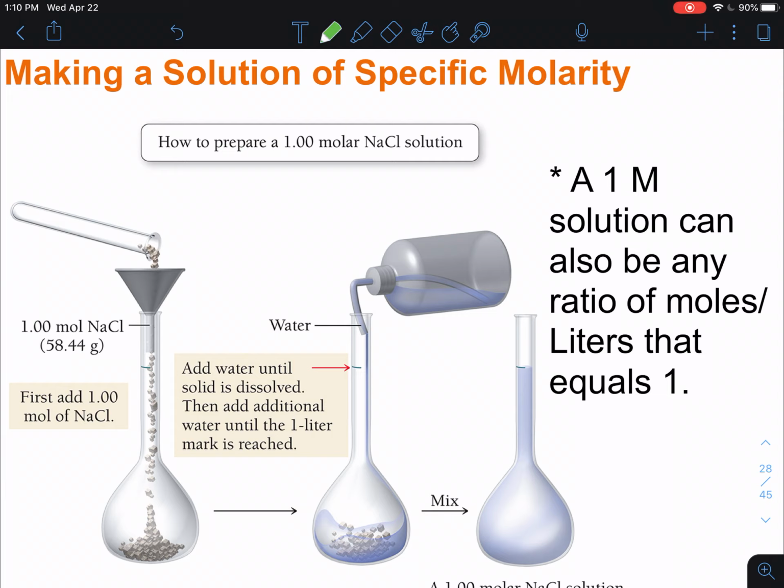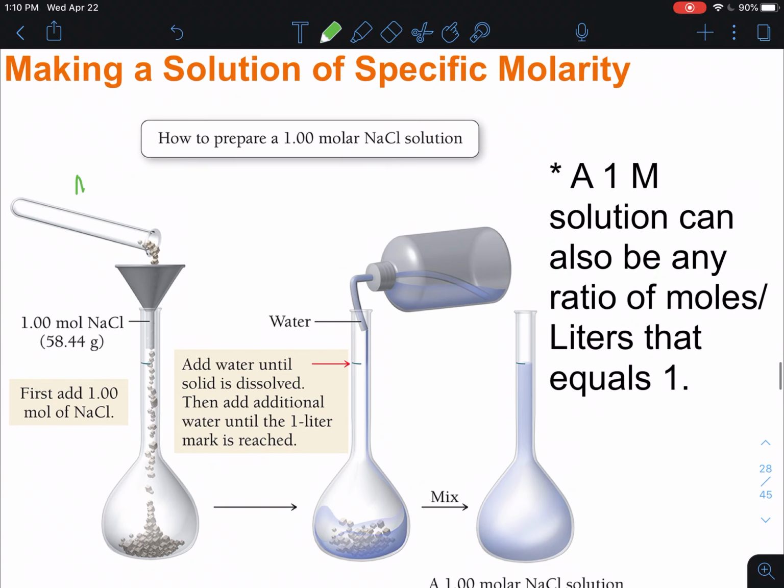Again, we're just taking the molar mass of sodium plus the molar mass of Cl, and that equals the molar mass of sodium chloride, which is 58.44 grams per mole. And since we want 1 mole, we're going to weigh out 58.44 grams.